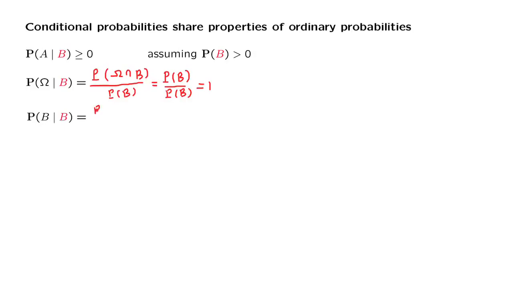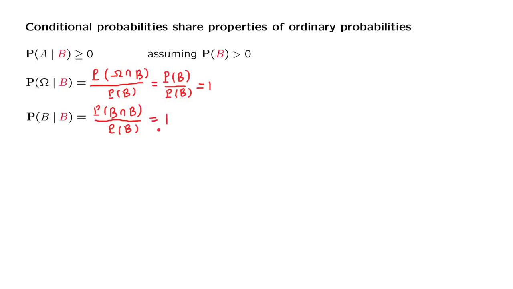Let's apply the definition once more. It's the probability of the intersection of the two events involved, B intersection B, divided by the probability of the conditioning event. What is the numerator? The intersection of B with itself is just B, so the numerator is the probability of B. We're dividing by the probability of B, so the answer is again 1.